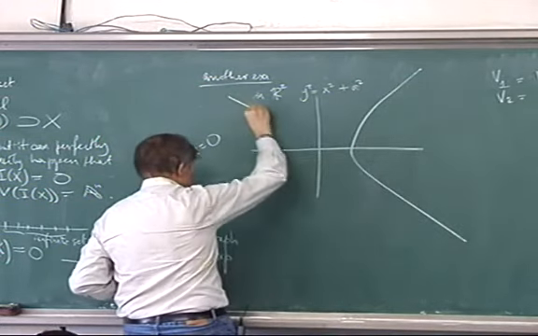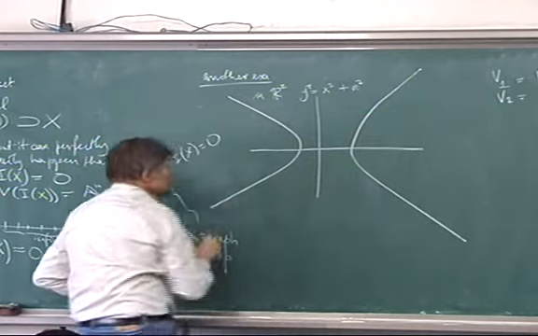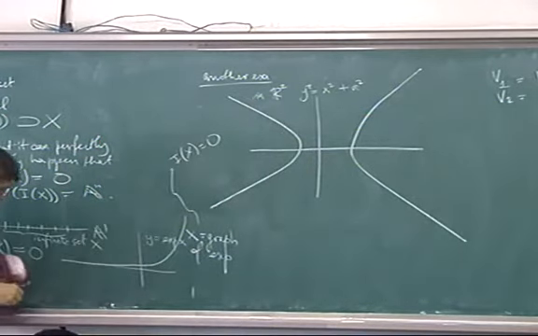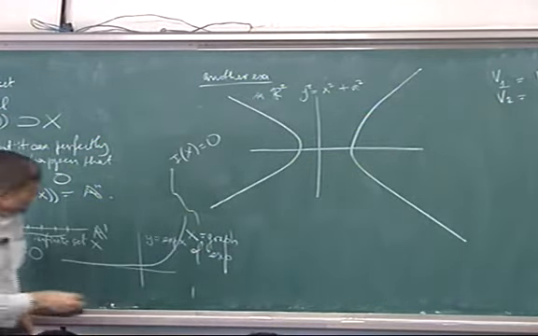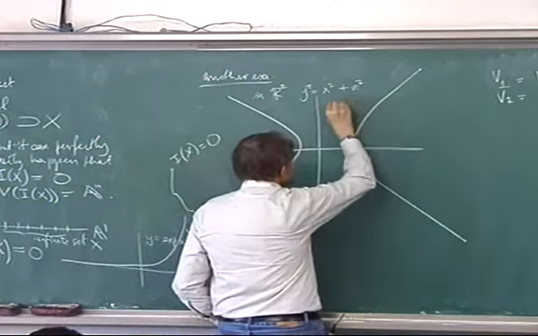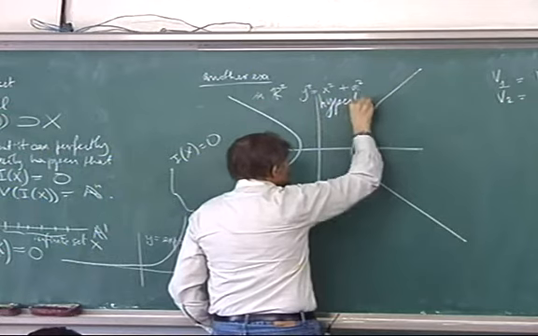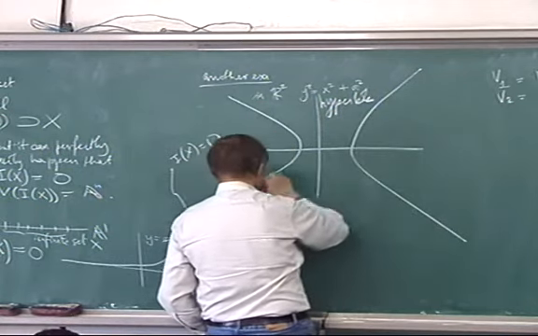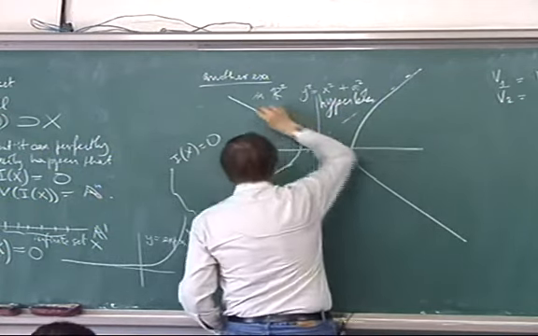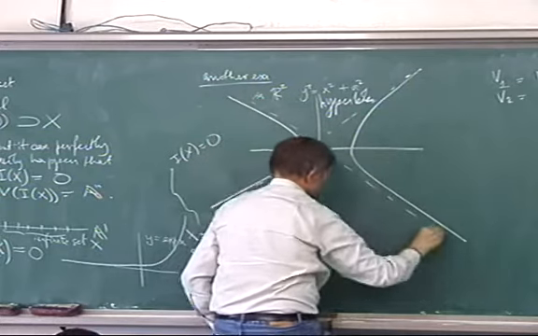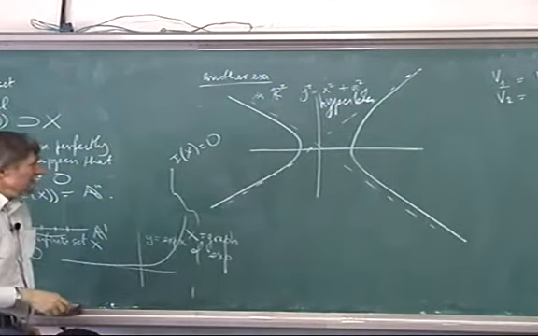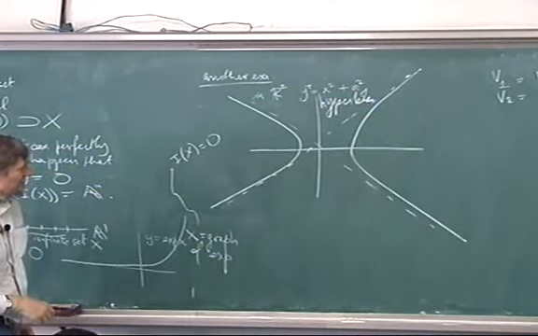Like this. Yes? So I just get the hyperbola, and the hyperbola has these asymptotic lines and so on. I'm just trying to check that I drew it almost correctly.